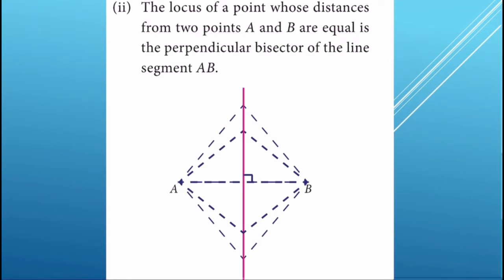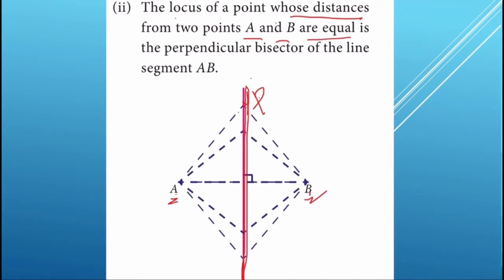So the point P may lie here, and this line is the movement of the point P, and this point P is having equal distances from the points A and B. So if the distance between the point P and A is equal to the distance between point P and B, then the path of the moving point is called as the perpendicular bisector of the line segment.